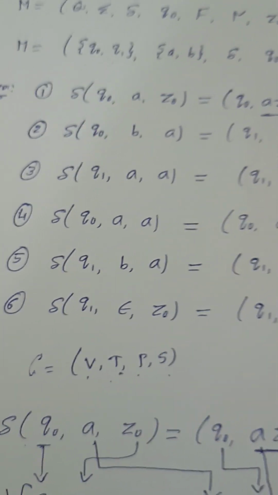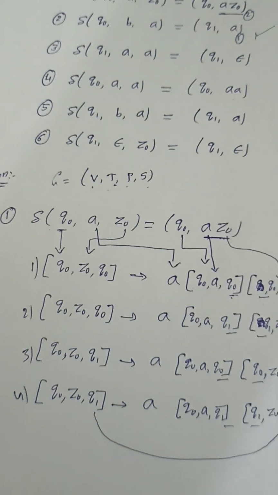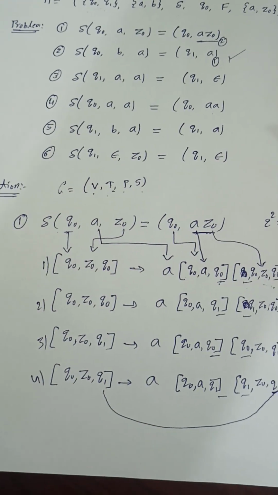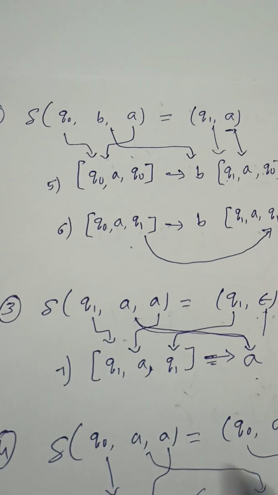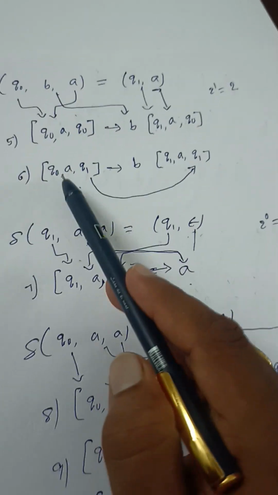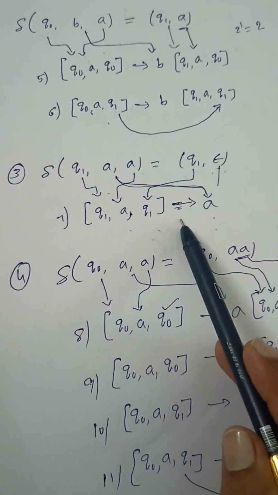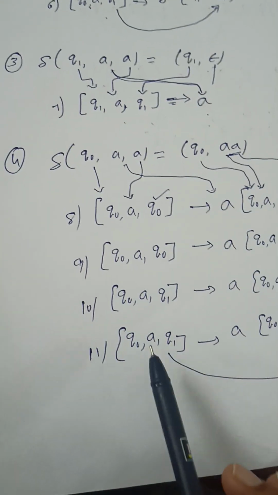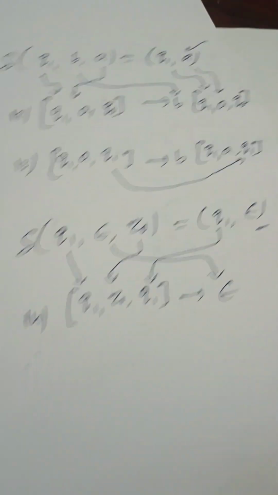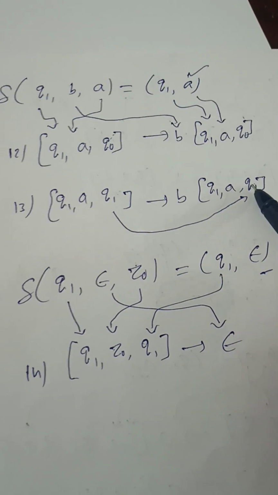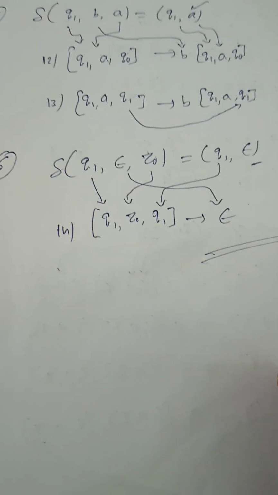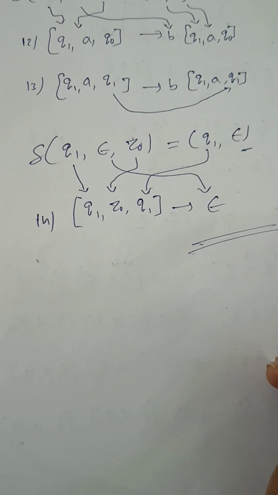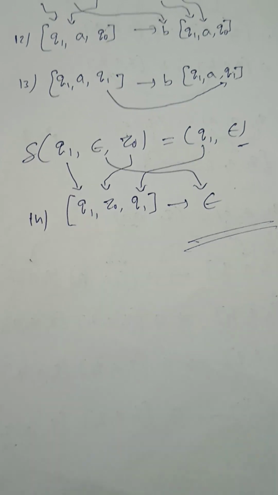From 6 transition functions we get: from the first transition function 4, from the second 2 production rules, from the third 1, from the fourth 4 production rules, from the fifth 2 production rules, from the sixth 1 production rule. Okay, this is the conversion of PDA to CFG conversion. Thank you very much.